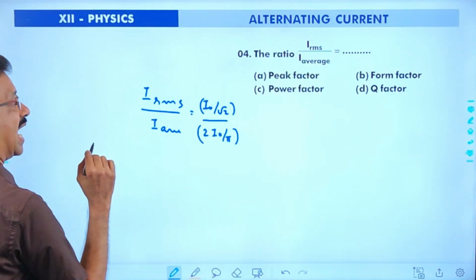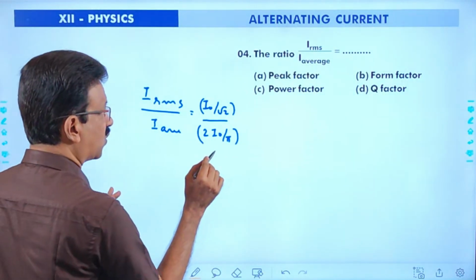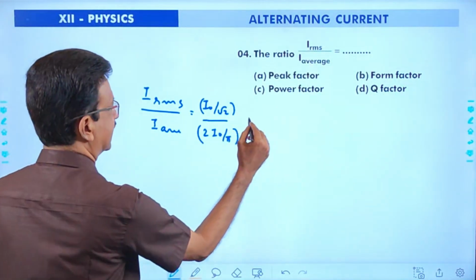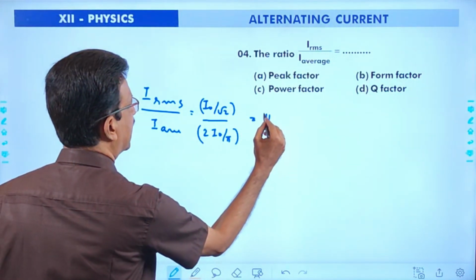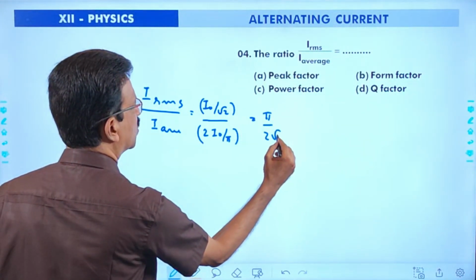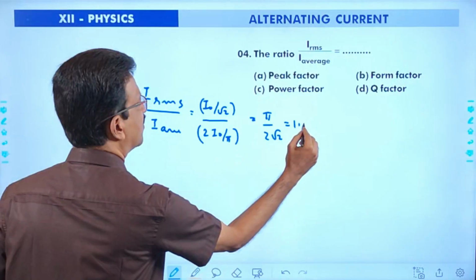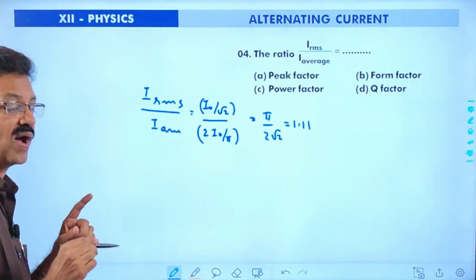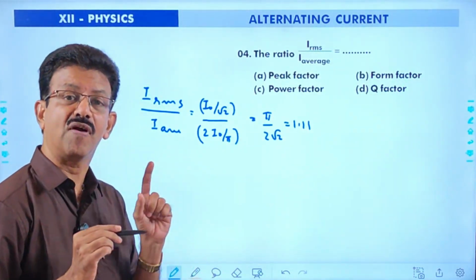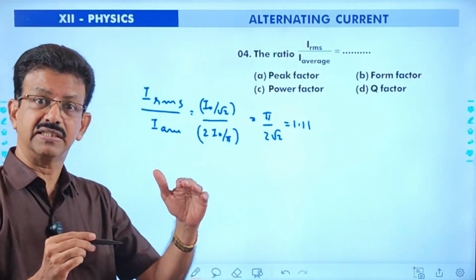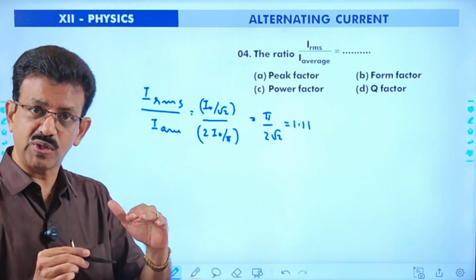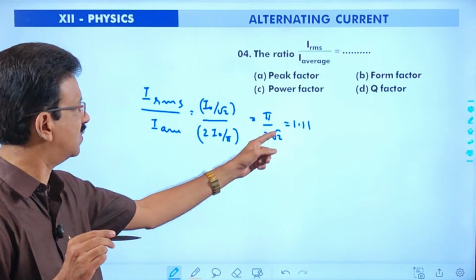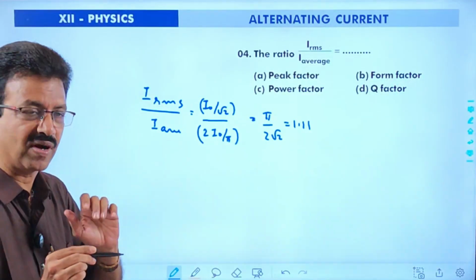The ratio of the effective value to the average value is called the form factor of AC, and it becomes pi by 2 root 2, or 1.11. This is the value of the form factor of AC. Form factor is the ratio of the effective value to the average value. It becomes so, and the final value is 1.11.